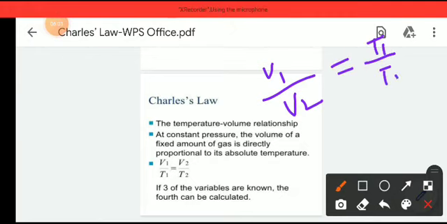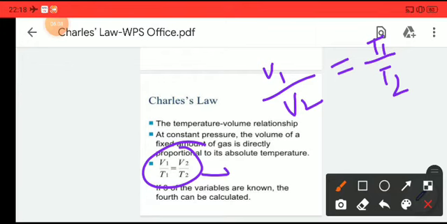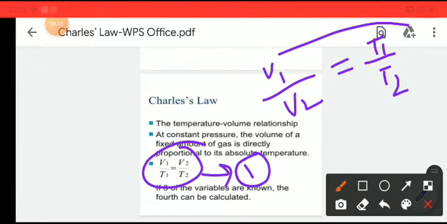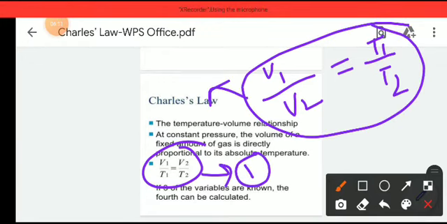This is equation number 1, and this is equation number 2. Both equations are mathematical expressions of Charles Law, so we can use either one. Both are perfectly correct to express Charles Law.